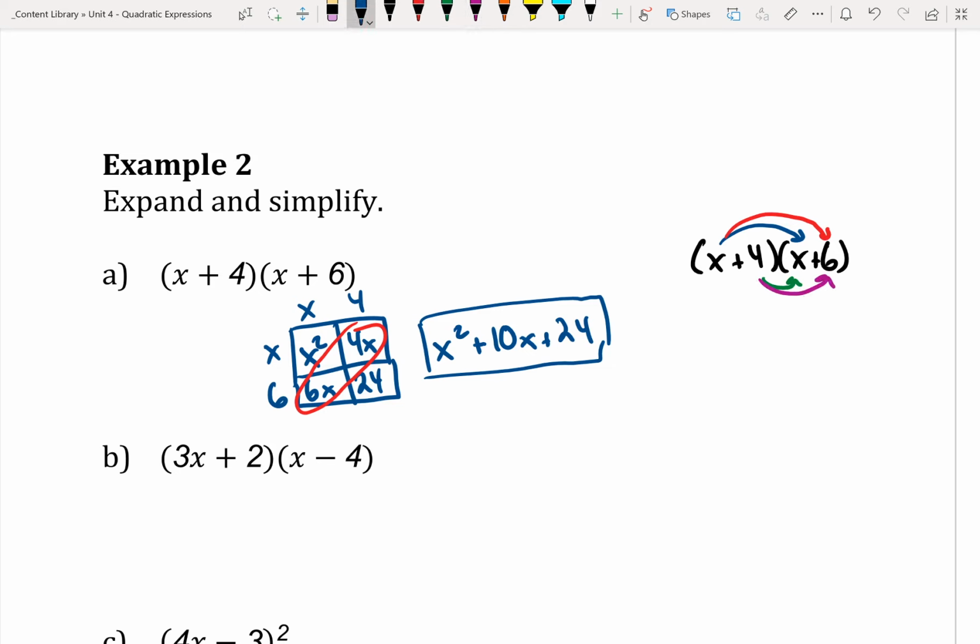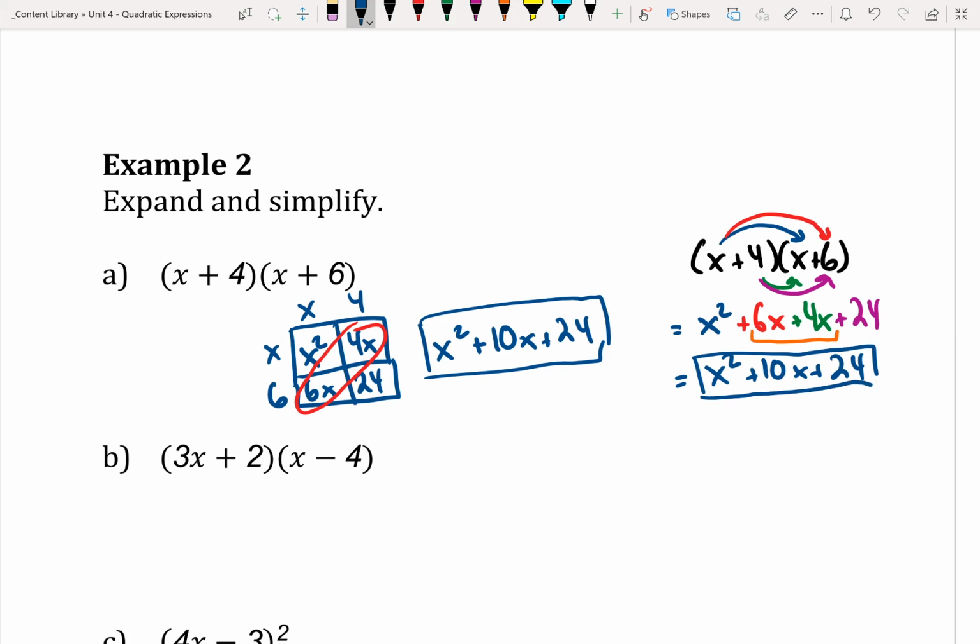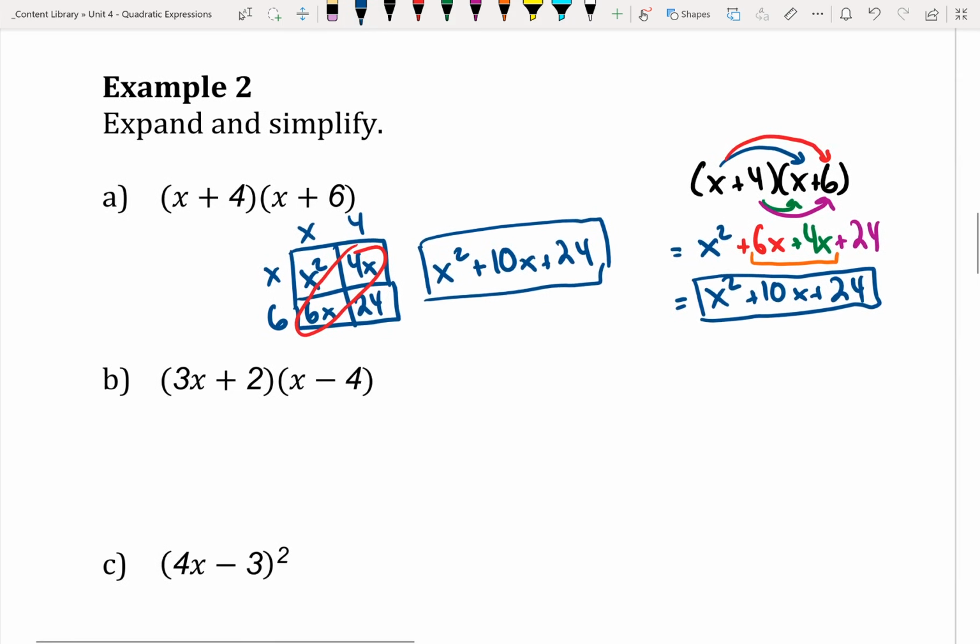If I do it this way, I should get x times x, which is x squared, plus 6x, plus 4x, plus 24. I can add up these 2 terms on the inside, similar to the box method. I get x squared plus 10x plus 24. So this is the same answer that I had already found.